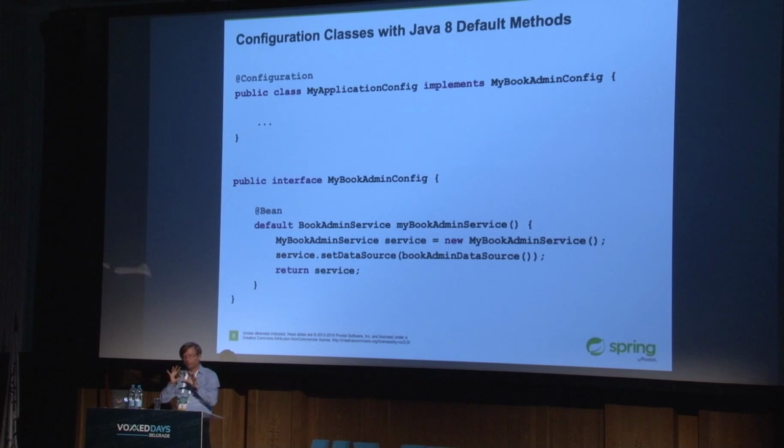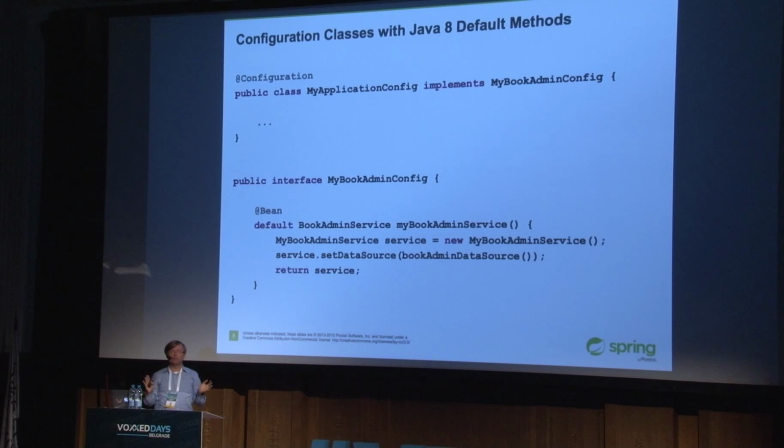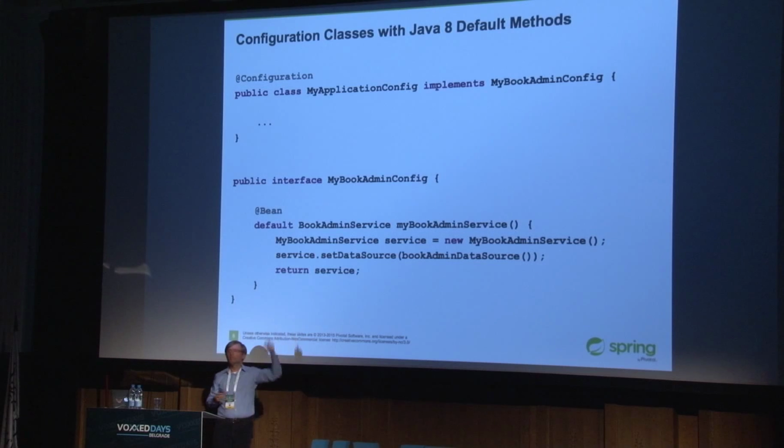So if you have this kind of flexible configuration setup where several pieces are to be combined that way, you could consider using default methods in interfaces for it, with standard Java language semantics. We're not doing anything special about the language semantics. If you're redeclaring that method in your concrete class, of course this concrete method is going to be used. If you're not doing this, you're going to inherit the default implementation.